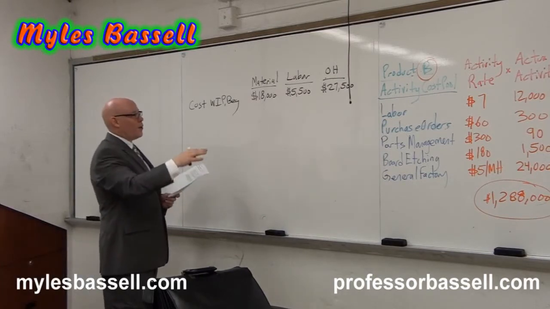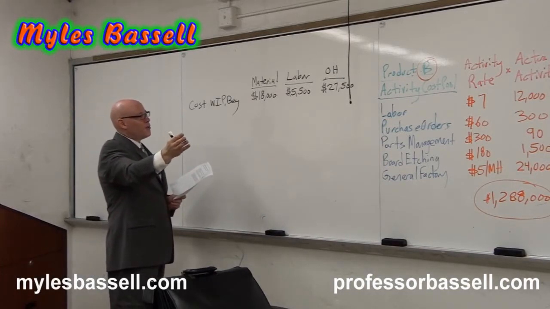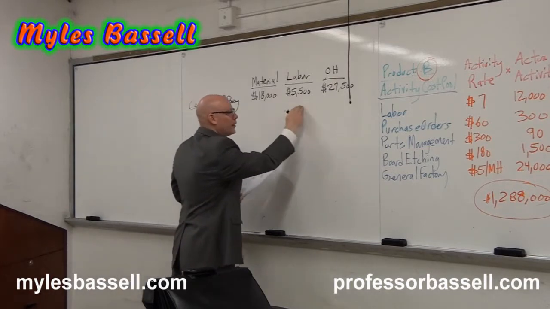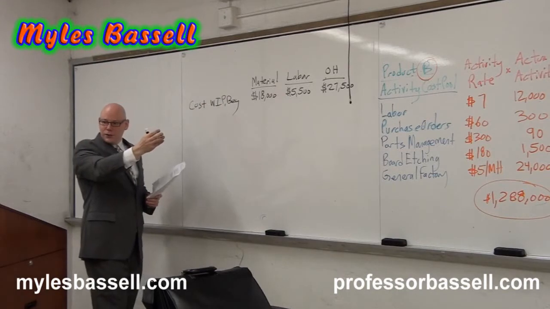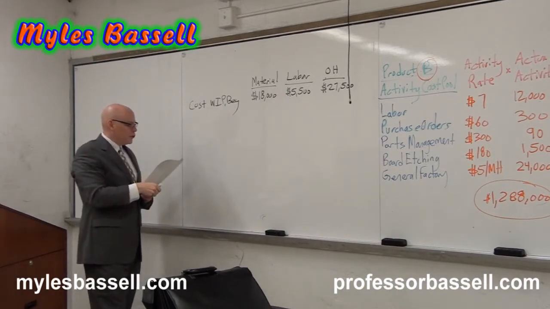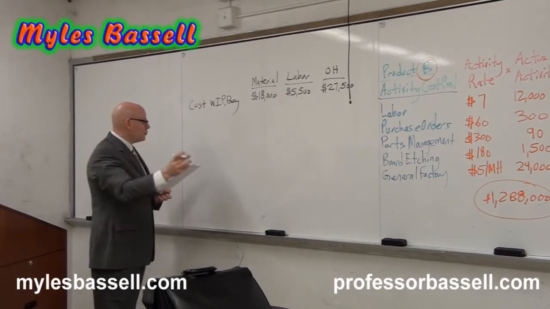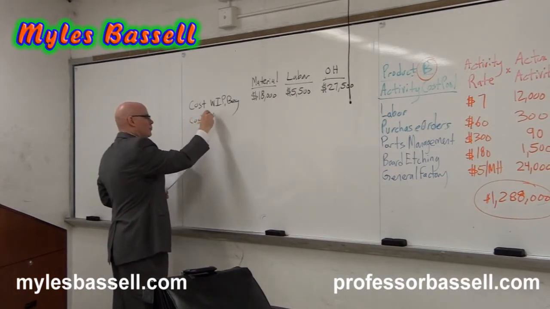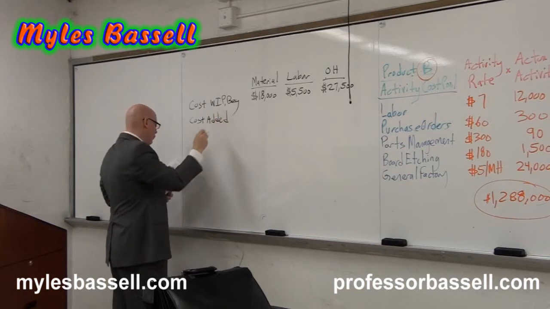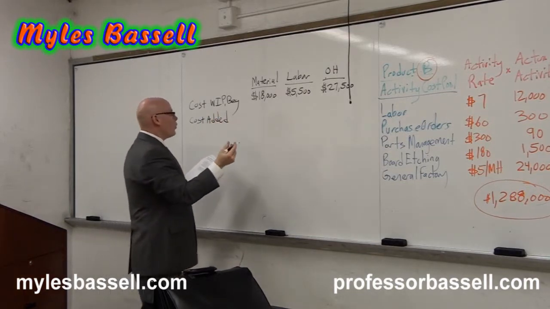So that's the cost. Remember we did a schedule of cost of goods manufactured. We looked at direct materials, direct labor, manufacturing overhead. But this is for work in process. So we have these partially completed goods. Then there's costs that are added. Now what happens when those costs are added?